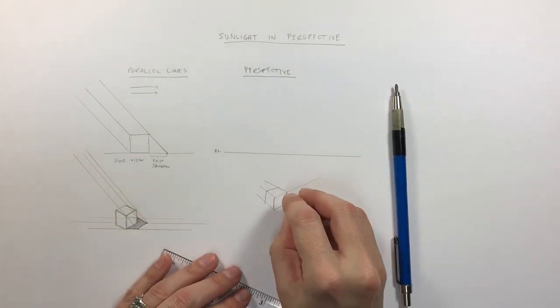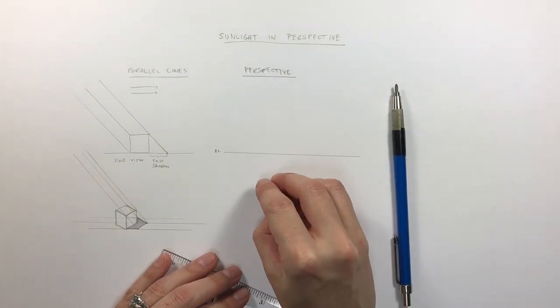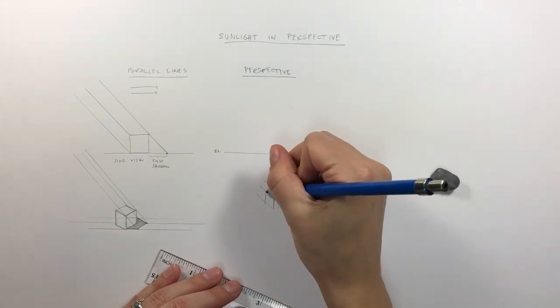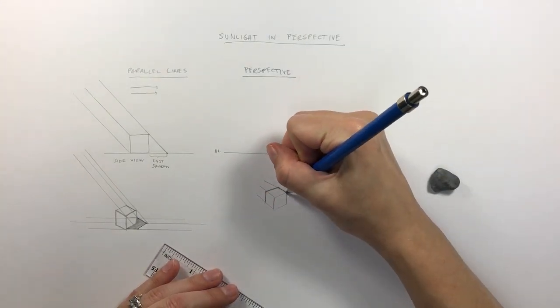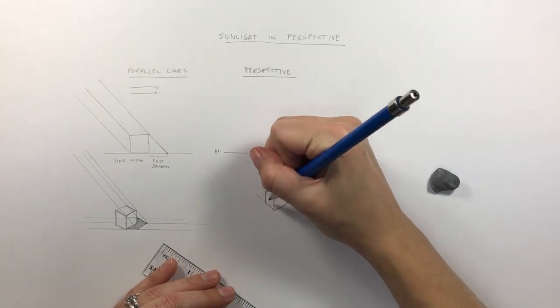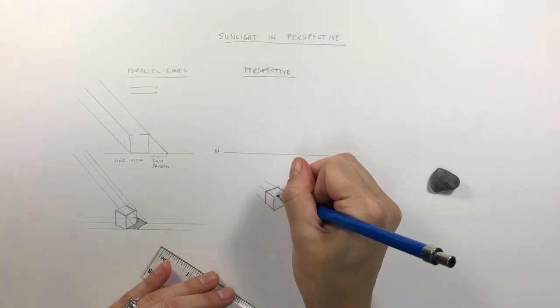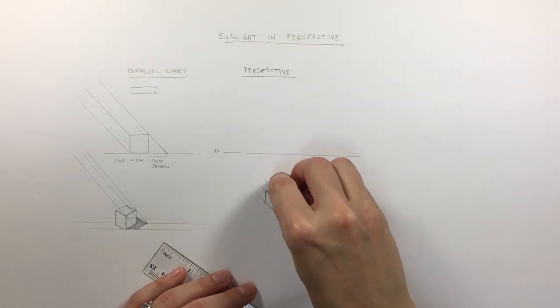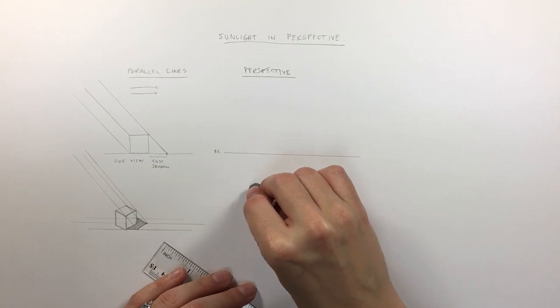Okay, let me just get rid of these extra edges here. So here is our cube in 2-point perspective. And let's get rid of these so you don't get confused.